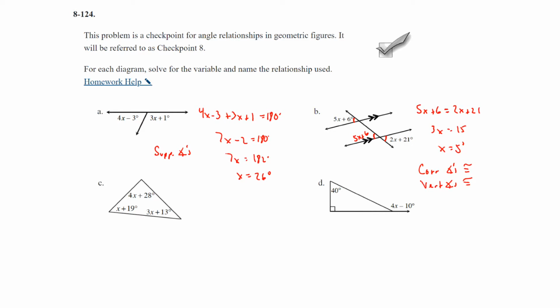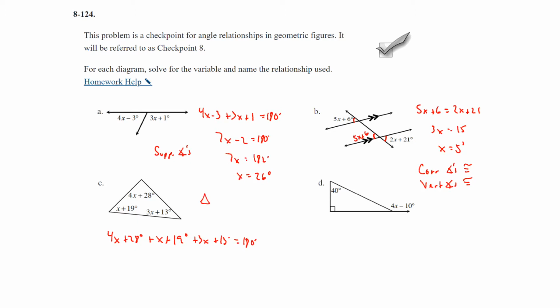Next, C, we have the three angles of a triangle. So we know that the triangle angle sum theorem states that all three angles have to add up to 180. 4x plus 28 degrees plus x plus 19 degrees plus 3x plus 13 degrees is equal to 180 degrees.